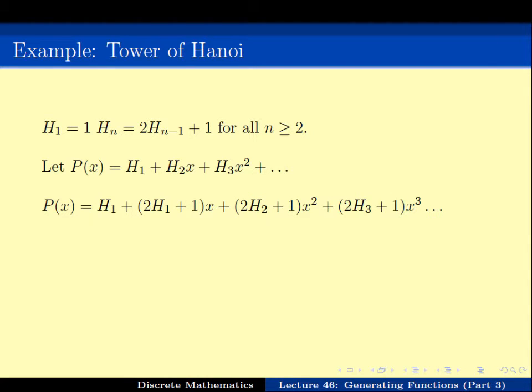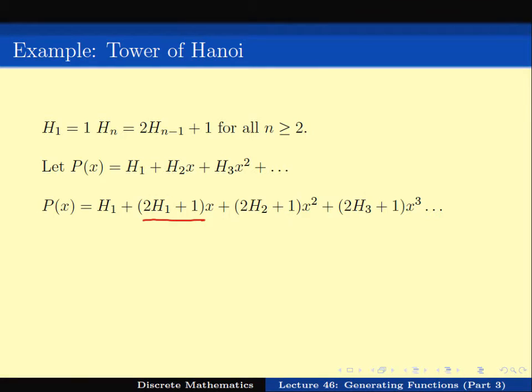Now the idea is that from h2 onwards, I can write h2 as 2 times h1 plus 1, h3 as 2 times h2 plus 1, and so on. Note that everything breaks down to 2 times h1 x plus x, 2 times h2 x squared plus x squared.